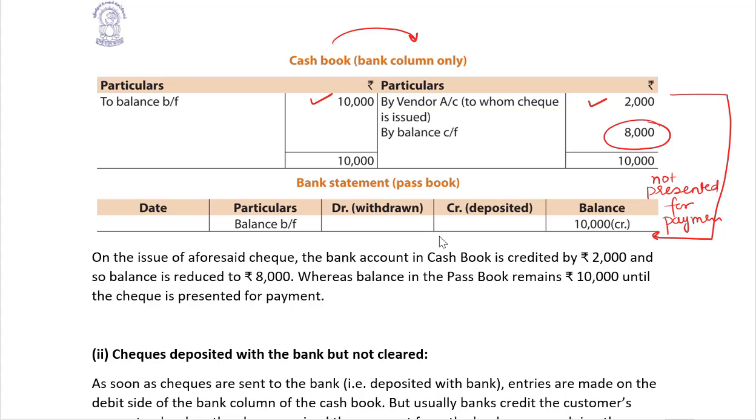In that case, as per the bank, the balance will be 10,000 only, because 2,000 won't be deducted from here. On the issue of the aforesaid check, the account in cash book is credited by 2,000 and so balance is reduced to 8,000, whereas the balance in the passbook remained 10,000 until the check is presented for payment.